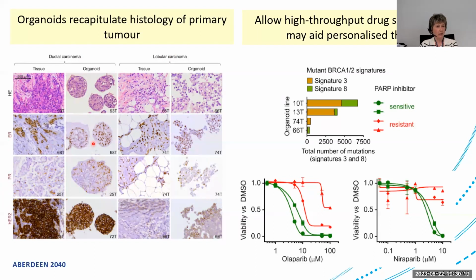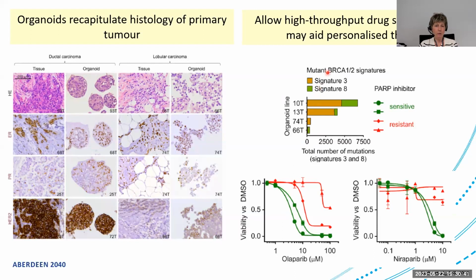And you can see that, importantly, all of these organoid models maintained the same phenotype, they maintained the same biomarker profiles as the tissue from which they were derived. So real conclusive proof that these organoid models are equivalent to what you would see in a breast tumour.